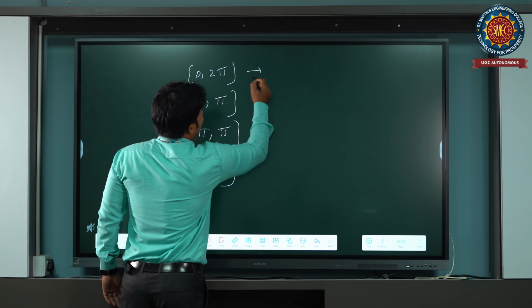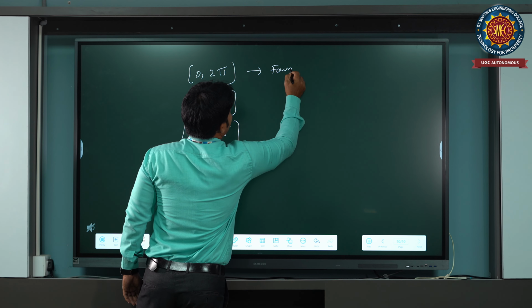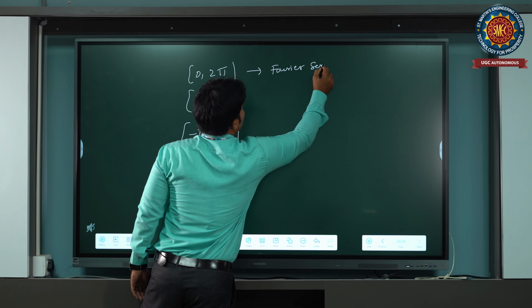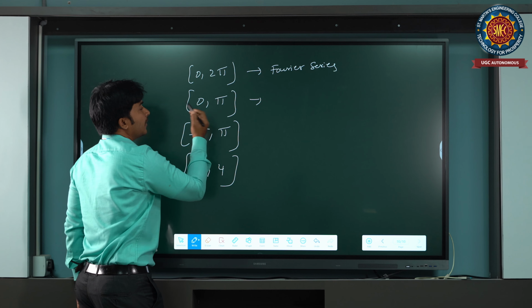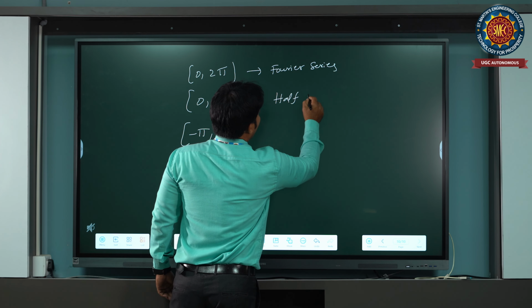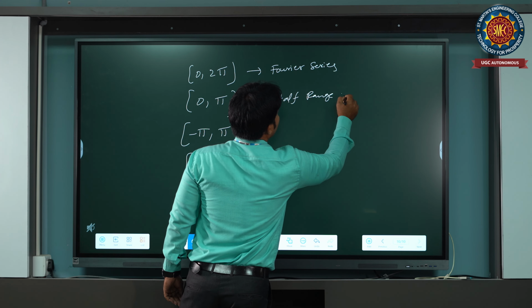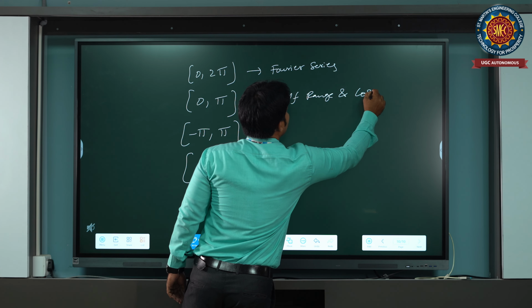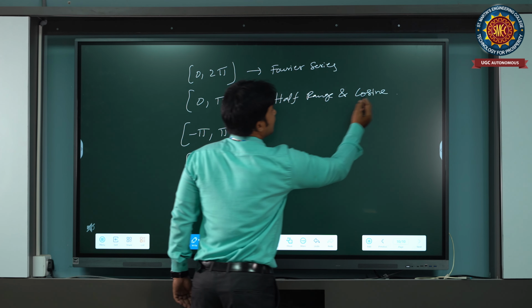This is the normal Fourier series generally used. For 0 to pi, this is the half range: half range cosine and sine series.